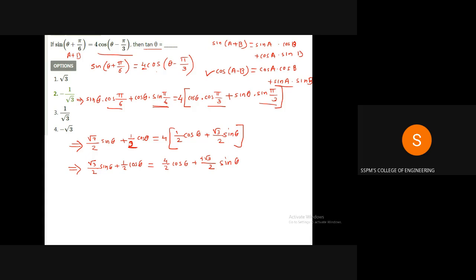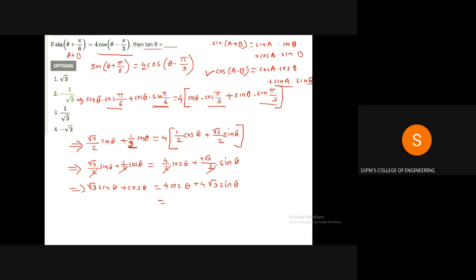So if you look closely, all the terms have 2 in the denominators, therefore they can be cancelled off. Okay, so we have root 3 sin theta plus cos theta is equal to 4 cos theta plus 4 root 3 sin theta.